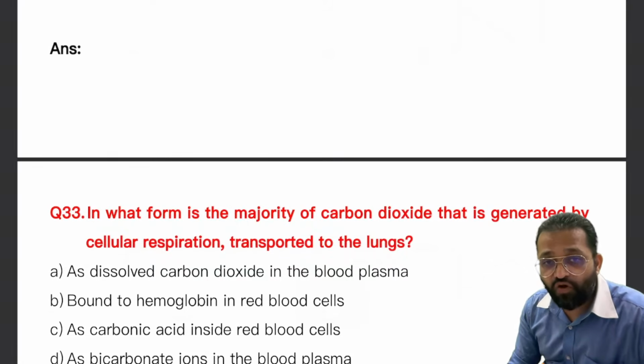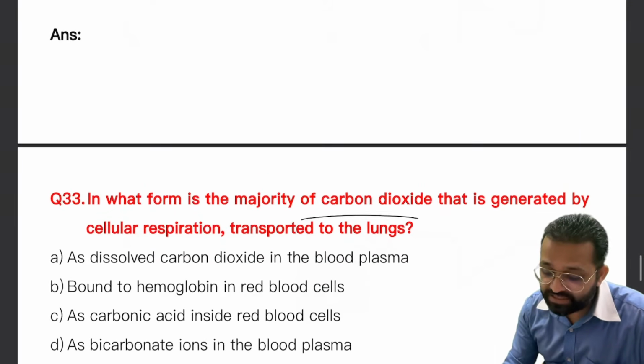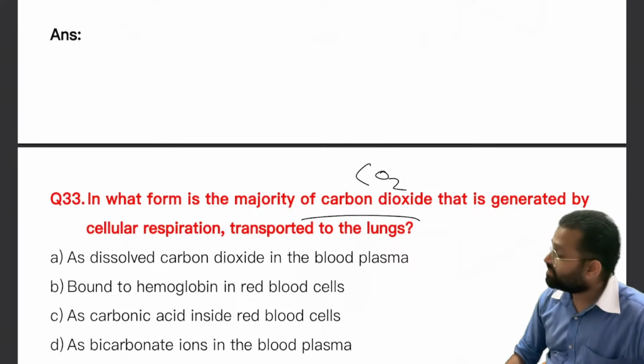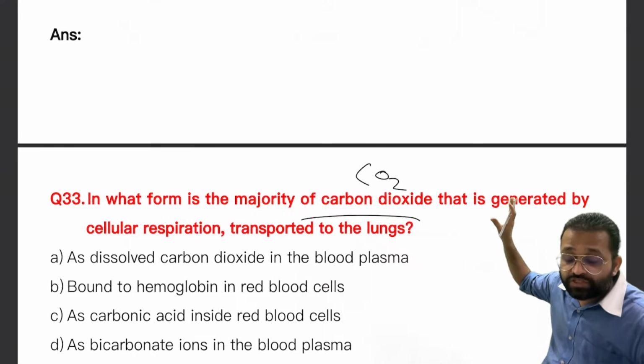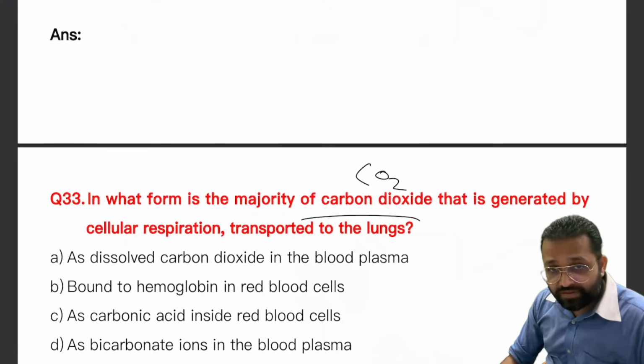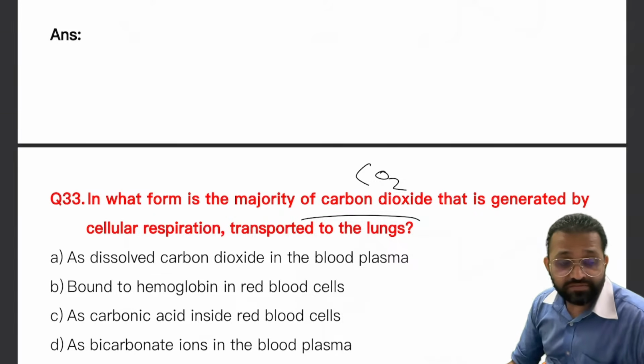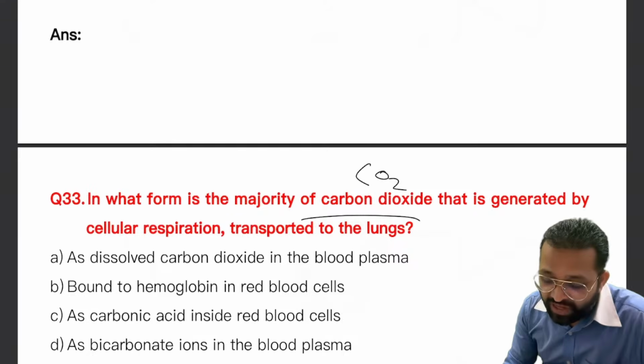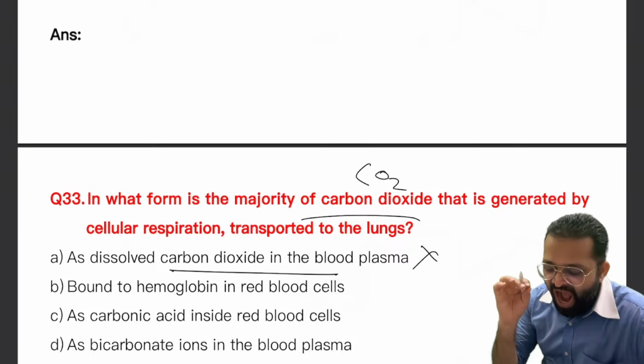In what form is the majority of the carbon dioxide, CO2, that is generated by the cellular respiration transported to the lung? So just tell me how the carbon dioxide is transported from blood to the lung. Yes, Ankush, you are right. As dissolved carbon dioxide in the blood plasma?